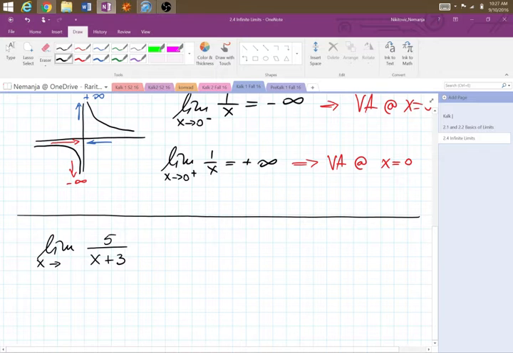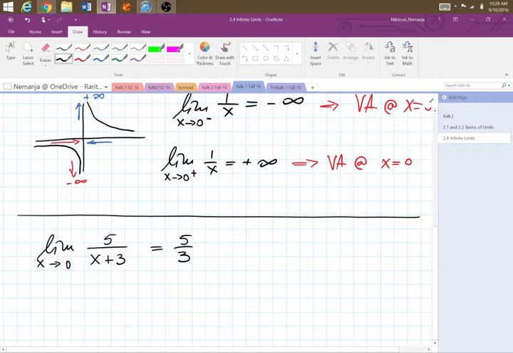Well, let's approach 0, because let's do that first. So what's the limit? It's 5/3. You see, nothing weird is happening when x approaches 0. 0 plus 3 is 3, so the answer is 5/3. So you are technically talking about the y-intercept at 5/3 because x equals 0, right?